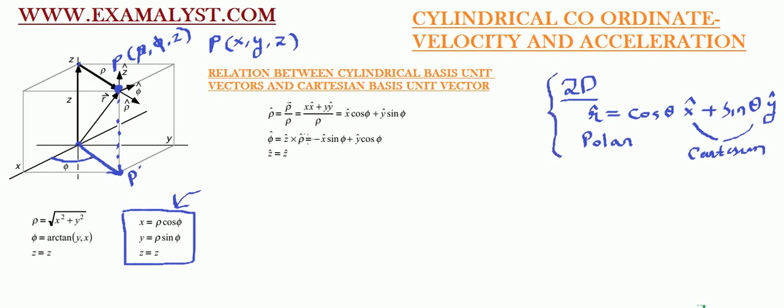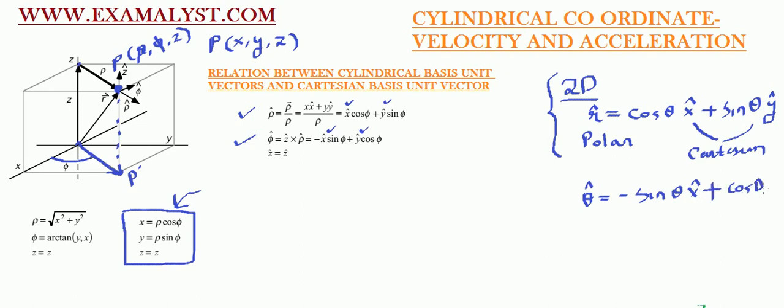Similarly, it is quite natural that we can have a relation between rho cap and x cap, y cap. We can have a relation between phi cap and x cap, y cap. So remember what was theta cap? Let me remind you, theta cap was found to be minus sine theta x cap plus cos theta y cap.